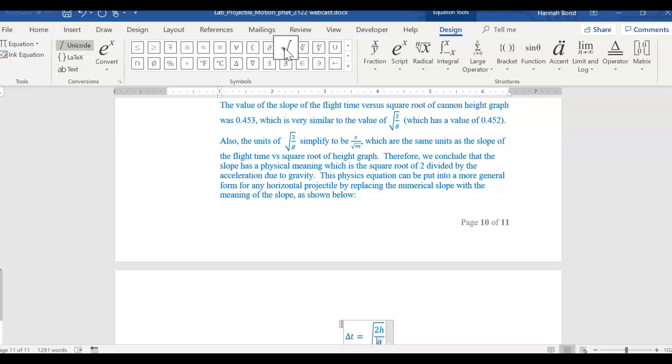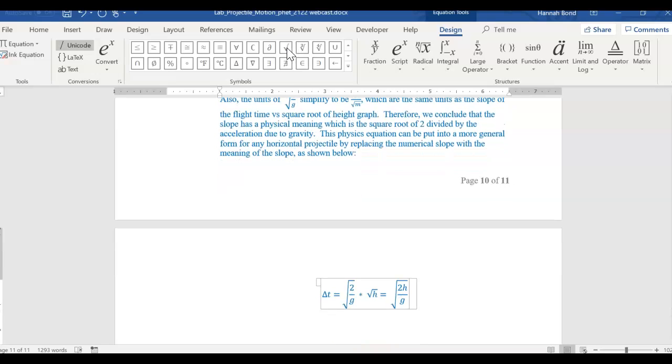Or let me be more clear. Our slope was the square root of 2 divided by g, and that is multiplied by the square root of height.